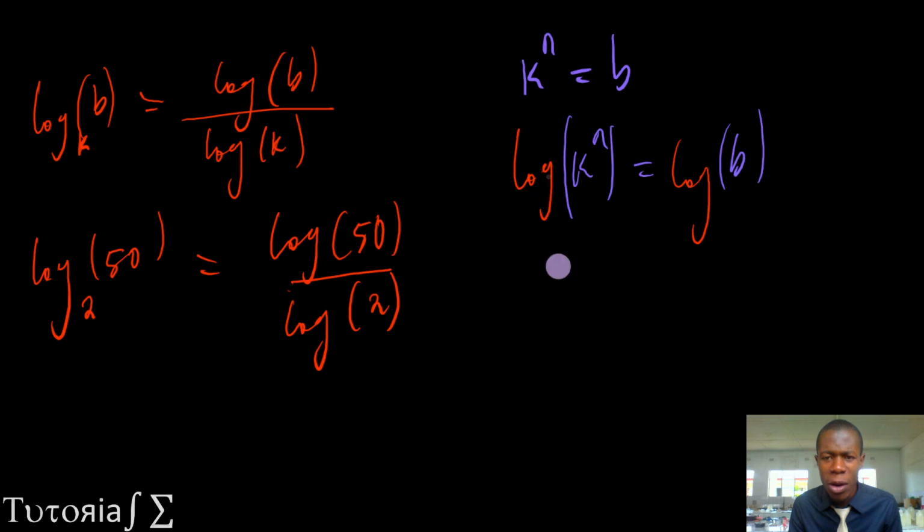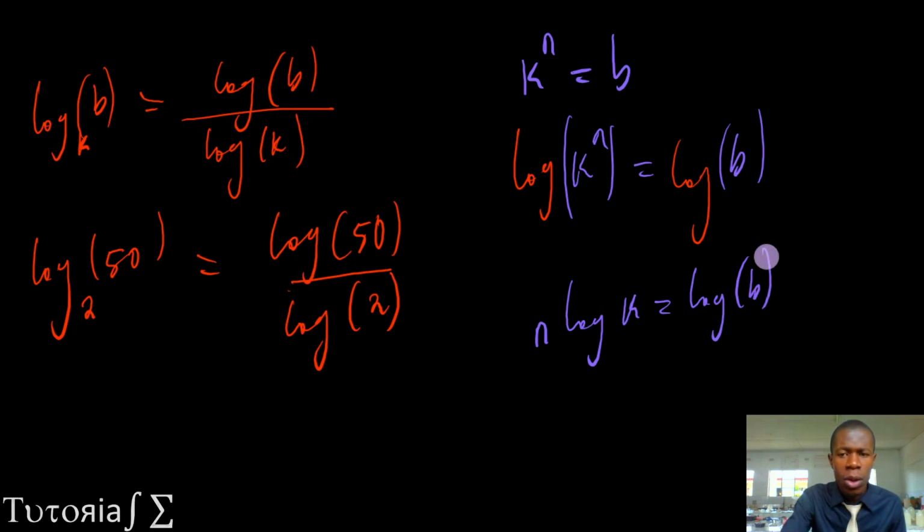So this becomes n log k equals log of b. Now here you can make whichever variable you feel like the subject. If it's n, you can make n the subject of the formula.